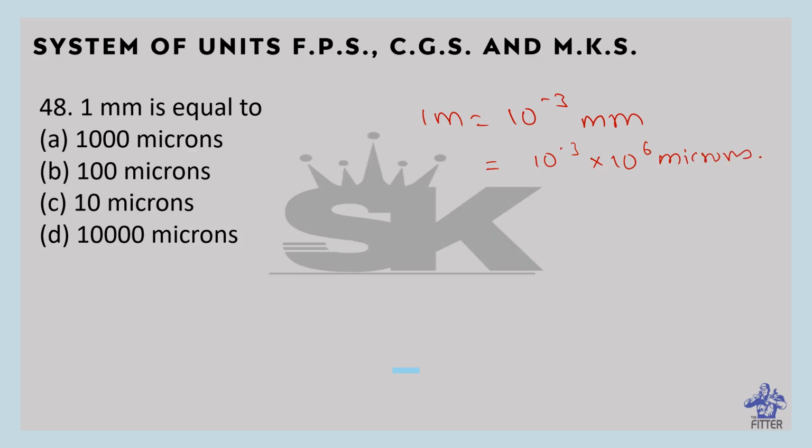So here 10 to the power of 3 microns. So 1 mm equals 1000 microns. So here the answer is 1000 microns.